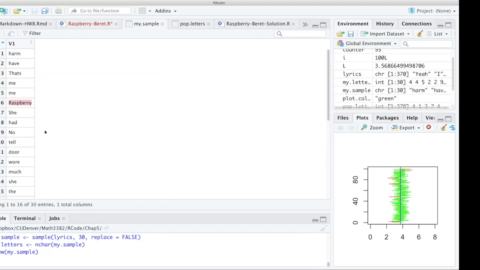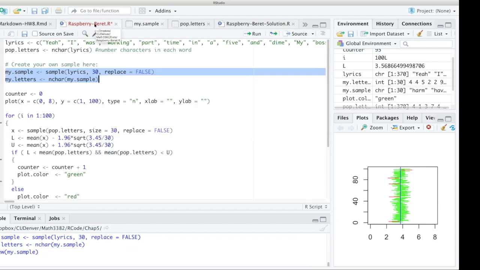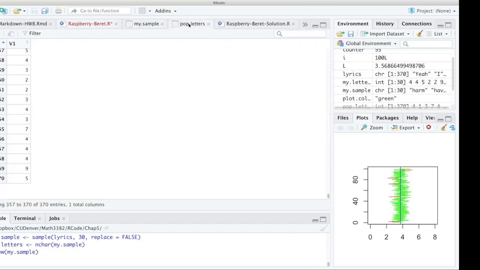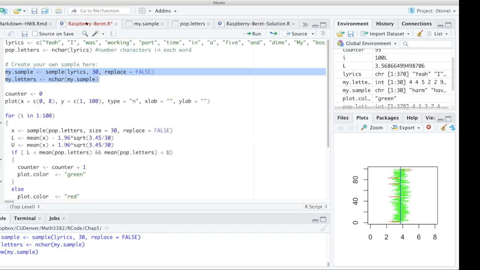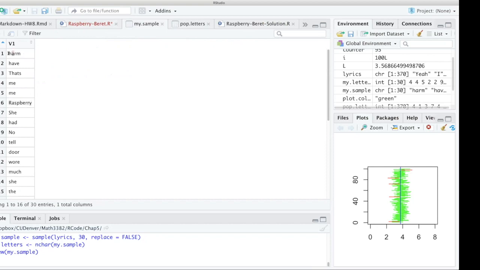Yeah, there's a question, Stephanie. Sorry, when I do the view pop.letters, it doesn't come out like a nice chart like yours does. It comes out more like it says name, pop.letters, type, integer, and then value. It's just in a row, but it doesn't show each value like that. Is that like a setting?